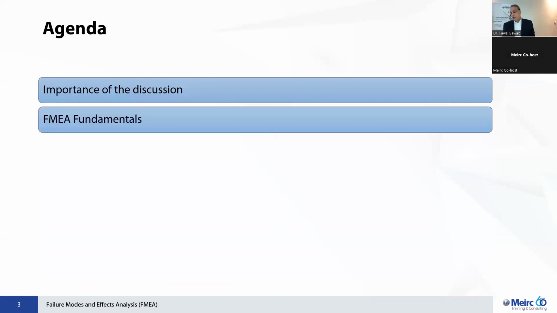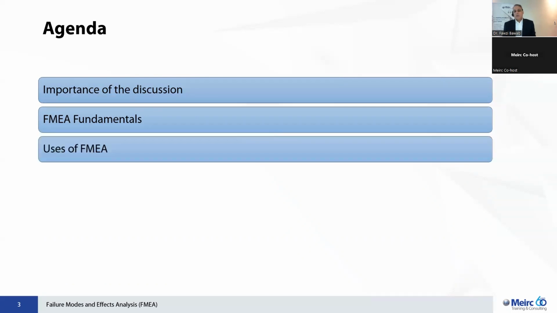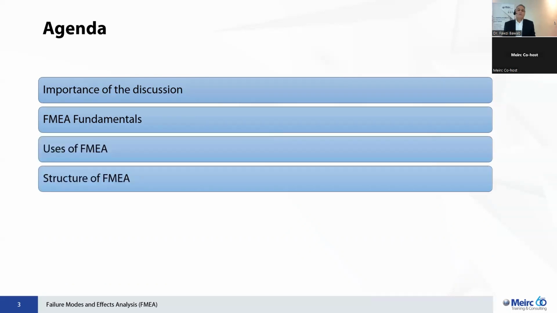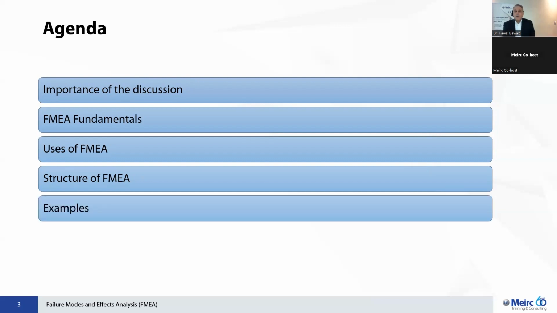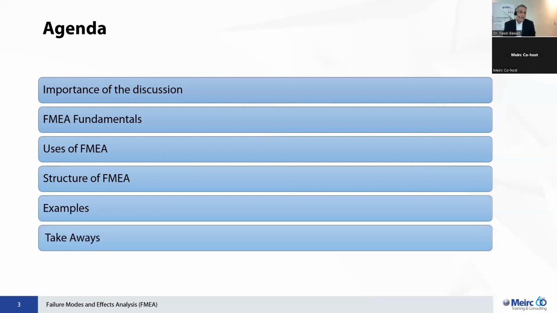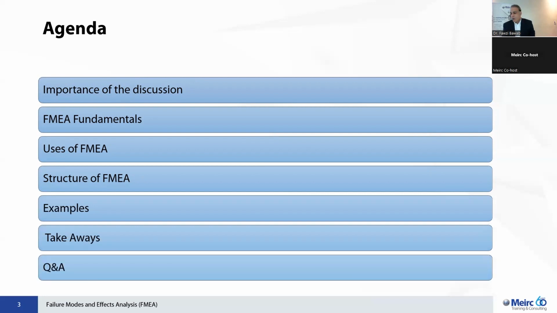We will talk about the history of FMEA, then the uses and benefits, and of course how to build an FMEA using the internationally accepted structure. We will take a couple of examples, then share some takeaways and take questions at the end.